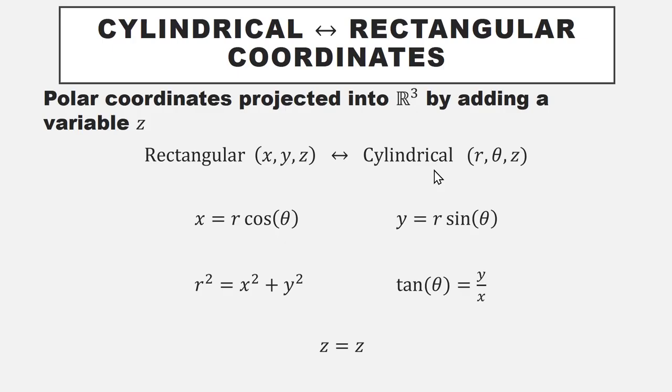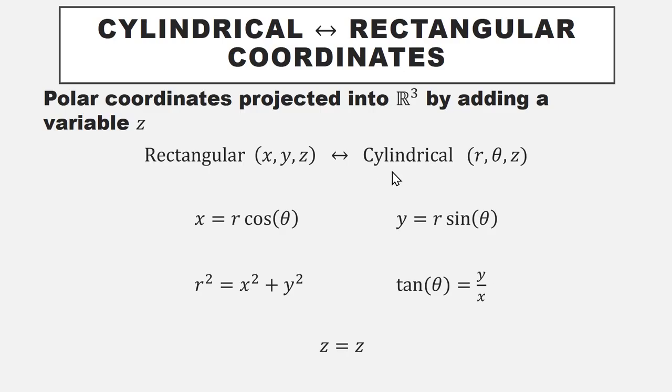The cylindrical coordinates will be r, theta, and z. So if we're willing to deal with polar coordinates and extend those into 3 dimensions by just adding the variable z, then we get cylindrical coordinates.